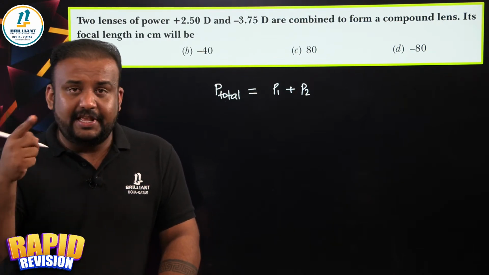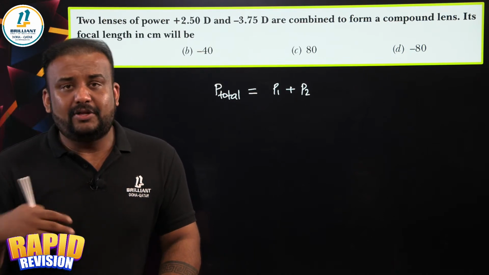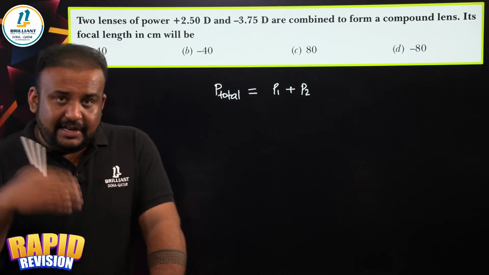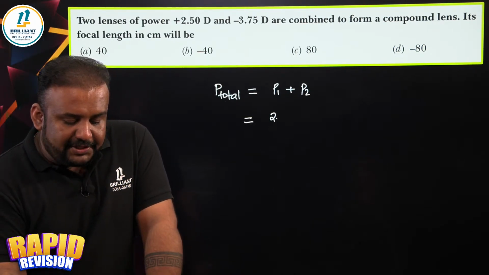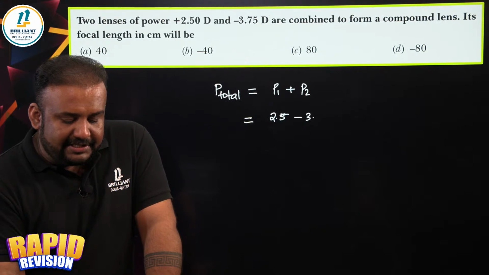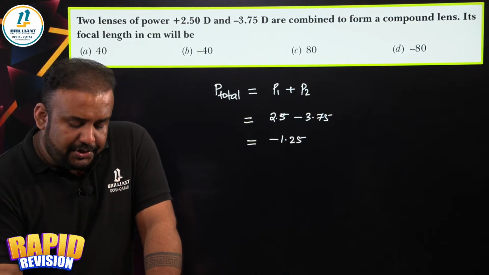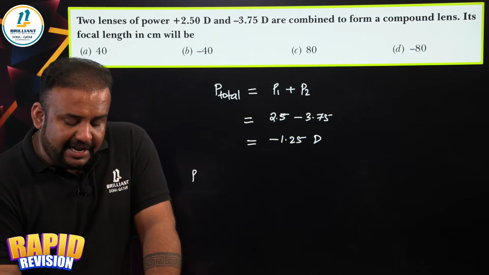Sometimes in the question they will give you two different focal lengths and ask for the total focal length of the combination. In that case, you need to find their powers, add them, and get the total power. So here, one is plus 2.5 and the other is minus 3.75. So the total power will be minus 1.25 diopter, right?